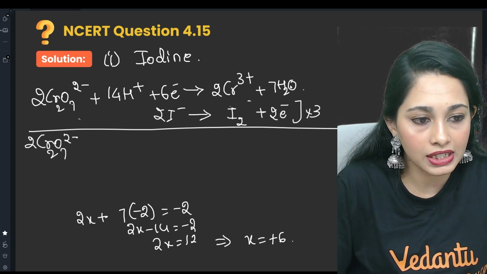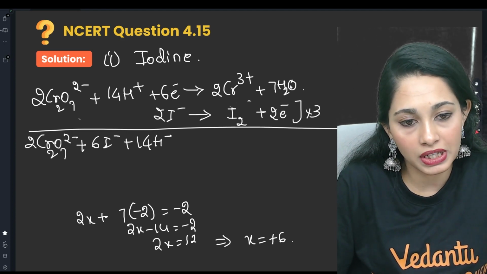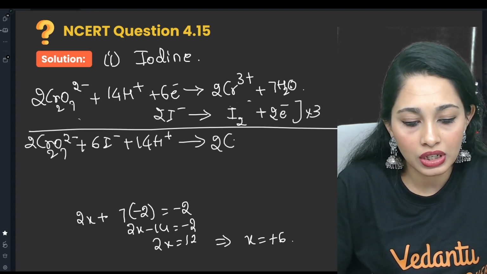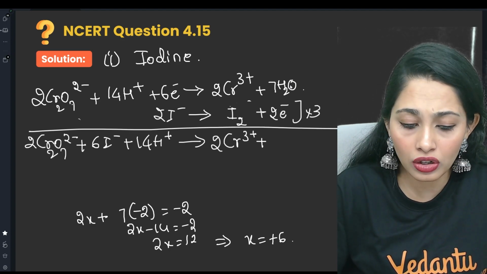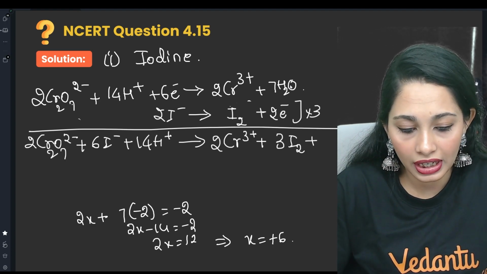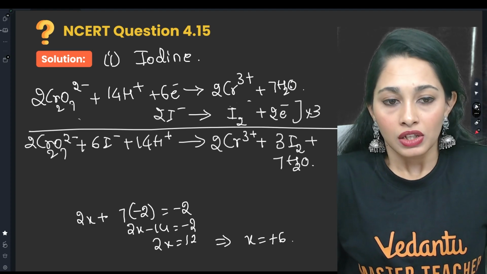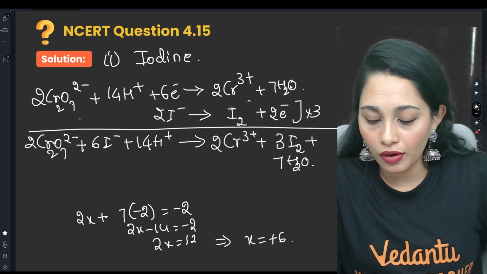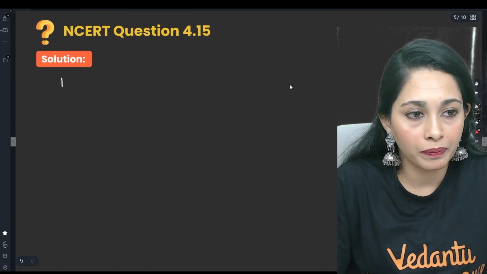Cr2O7 2 minus plus 6I minus plus 14H plus gives 2Cr3 plus, chromium 3 plus ion, and 3I2, and then we have 7H2O. So iodine has been oxidized now. This is the equation.